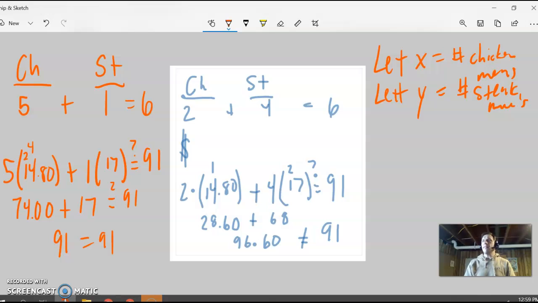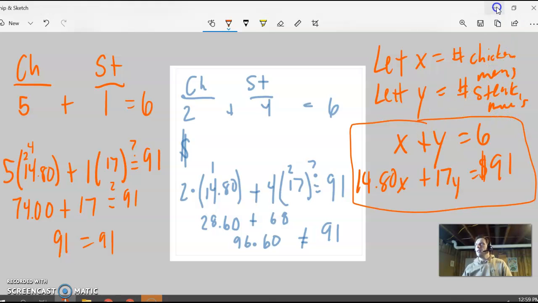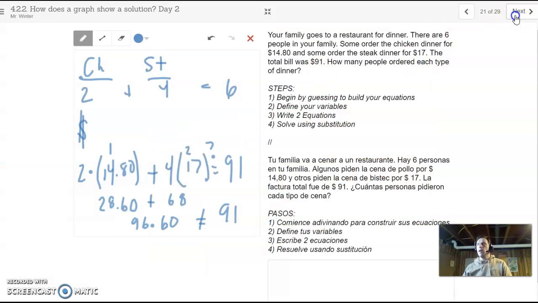So then we know we could have this equation, X plus Y equals 6. And the second equation would be $14.80 times X plus $17 times Y has to equal $91. All right, maybe you guess and check and you get it right sometimes, but it's still good to practice writing these 2 equations. All right, so go ahead and walk your way through this.